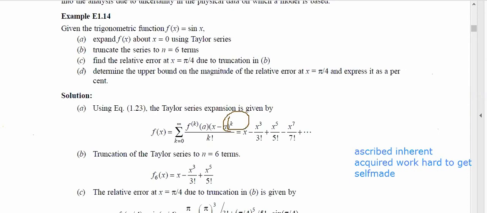Up to 5th order. The remaining will be deleted, truncated. Find the relative error at x equal to pi by 4 due to truncation in B. Determine the upper bound on the magnitude of the relative error at x equal to pi by 4 and express it as percent. Okay.